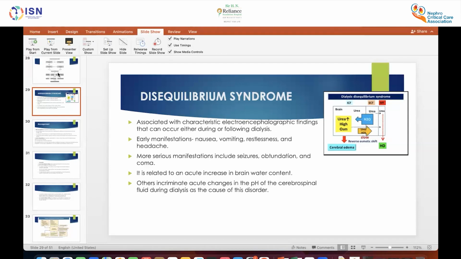Okay, so urea is an osmotically active substance, correct? That's why we include urea in the plasma osmolality calculation.